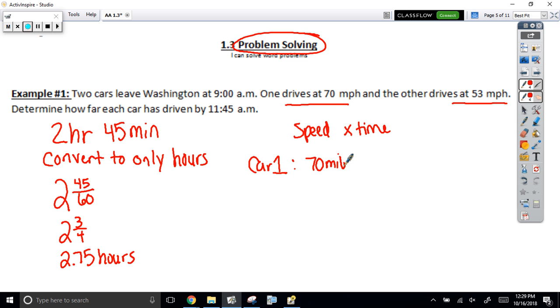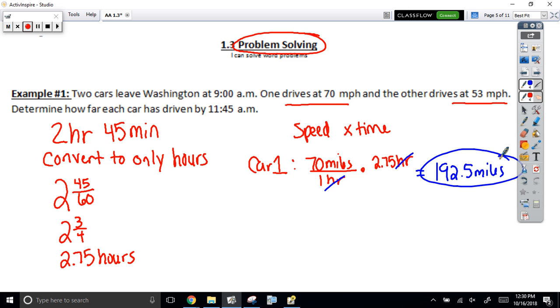And if you want, you can write it like this, 70 miles over 1 hour. You don't have to. And then we're going to multiply that by 2.75 hours. And then you'll be able to see that the units of hours are going to divide out to get us just with miles. So multiply that through, we'll get 192.5 miles. Again, you're not required to show this work. You can just multiply that in your calculator.